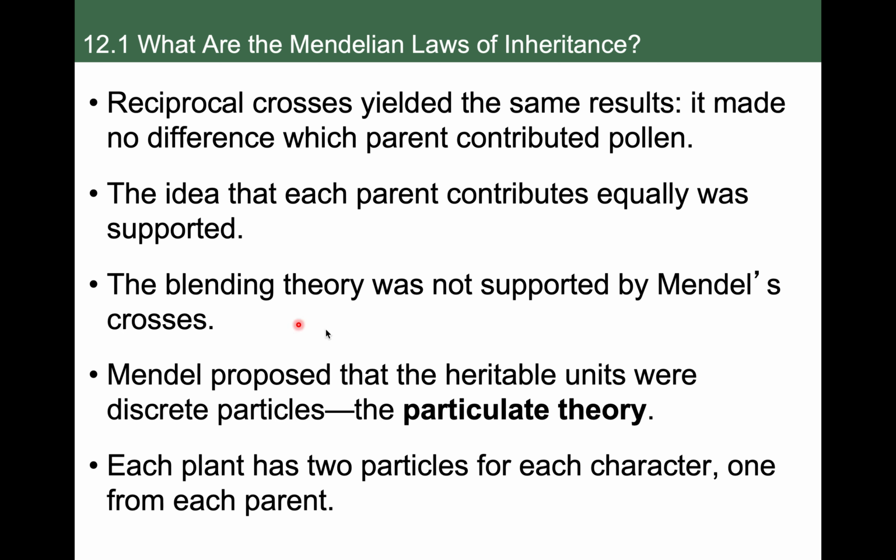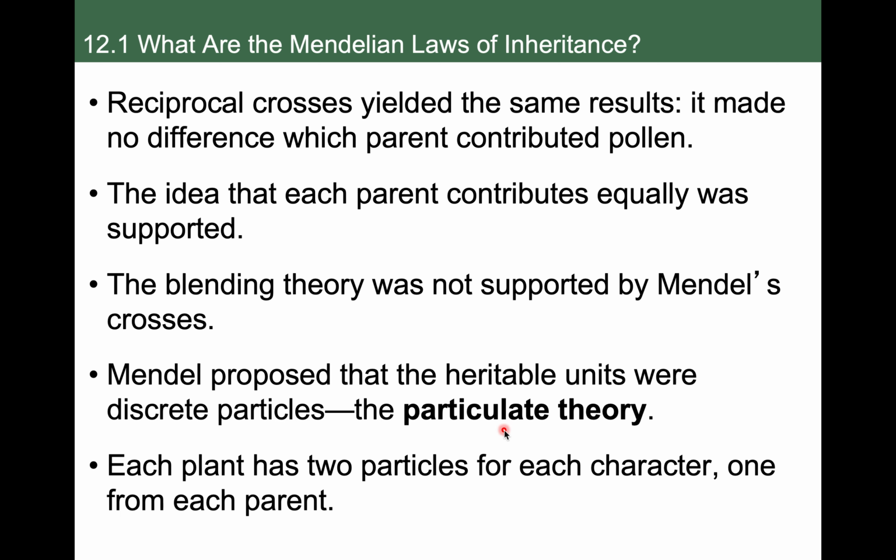But as I said, that blending theory really went out the window here, because if they were blending, if you cross your purple flowered plant with your white flowered plant, you'd expect all the offspring to maybe be like light purple, lavender or something like that, something sort of in between the two parents.